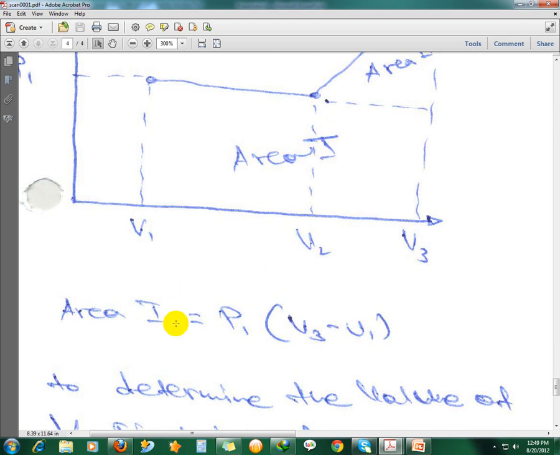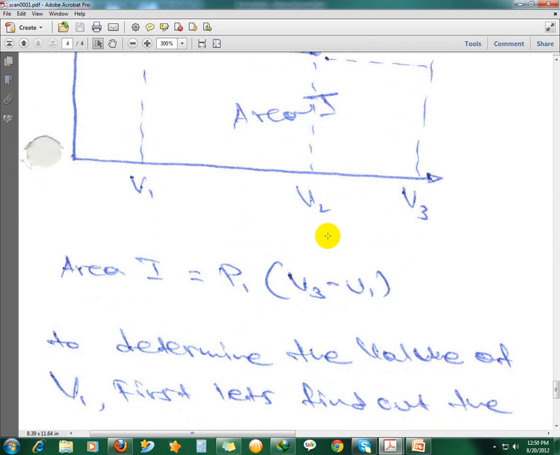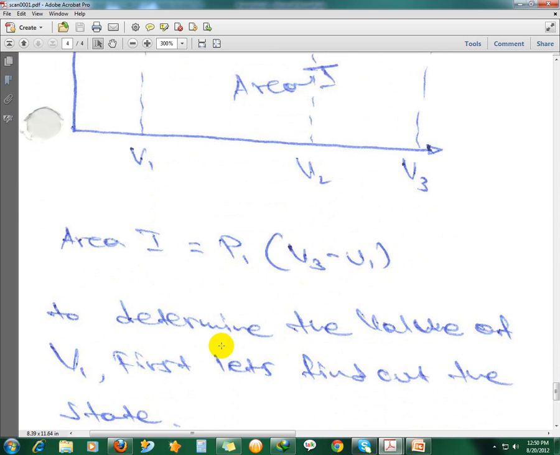Now area 1 is equal to V3 minus V1 times P1. Okay, so area 1 is equal to P1 times V3 minus P1 times V1. And for area 2, before that we have to determine V1.